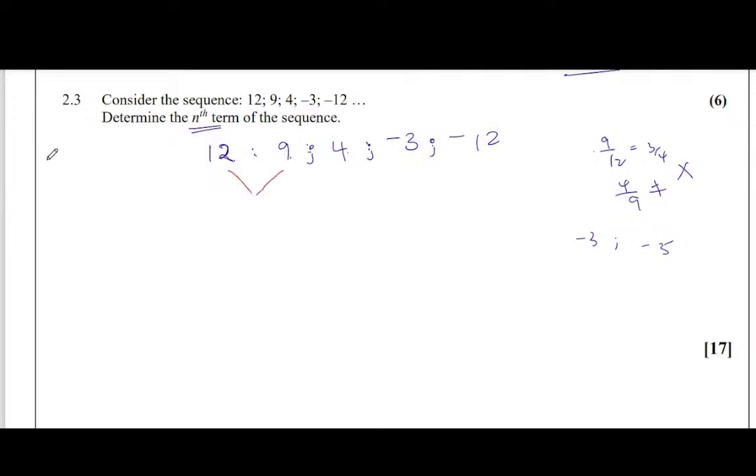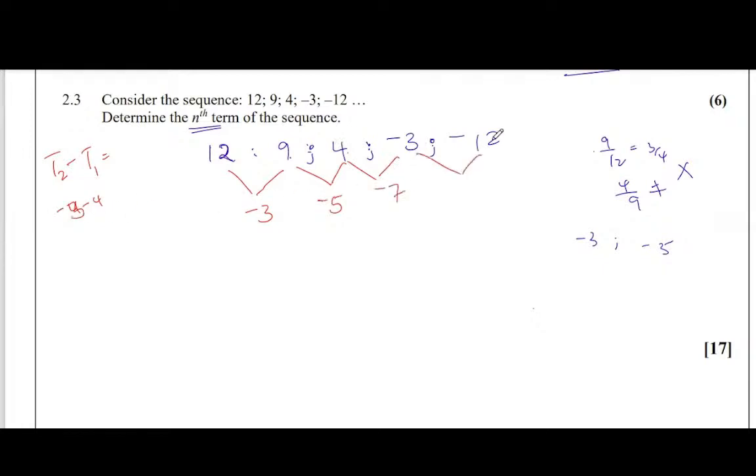So T2 minus T1 must give us our first difference. So 9 minus 12 is -3. And then 4 minus 9 is -5. And then -3 minus 4 is going to be -7.